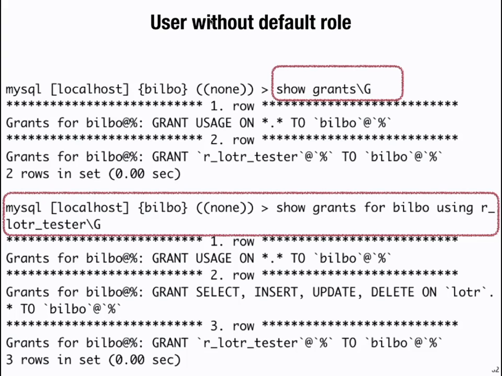So we put the name of the role explicitly in the query, and then we'll see what grants we will get if we enable that role, meaning that we need to run set role, otherwise the user will not be able to see or to use that role at all.